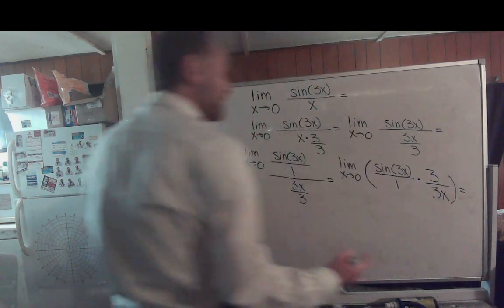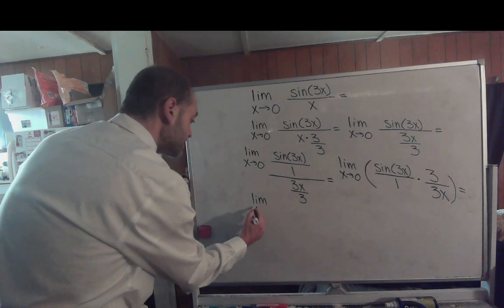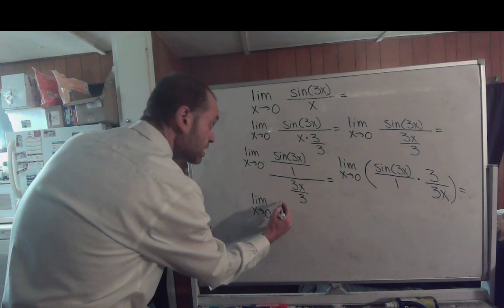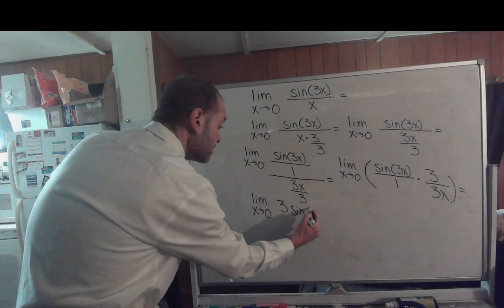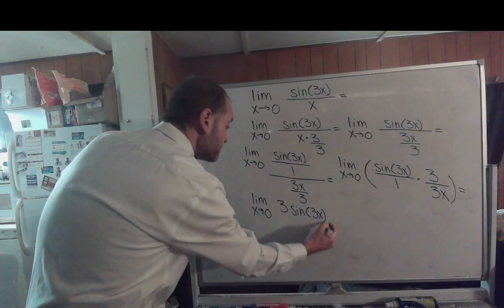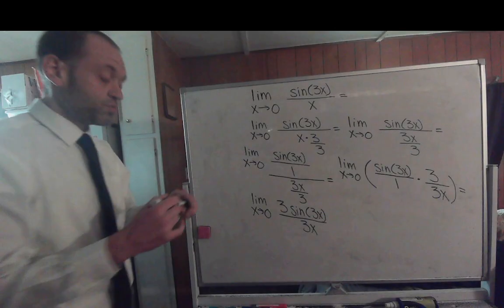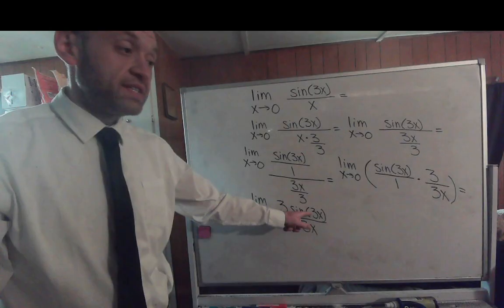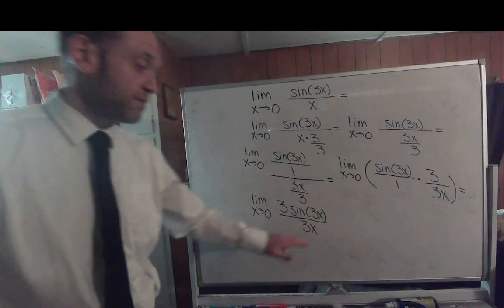Well, what do we got now? This would turn into the limit as x approaches 0 of 3 times the sine of 3x divided by 3x. Now notice we have it set up a lot nicer where what's inside the sine function is exactly the same in the denominator. That's what we're looking for.